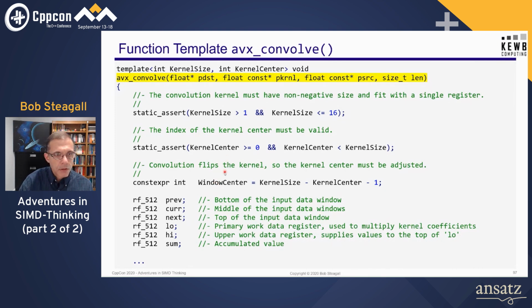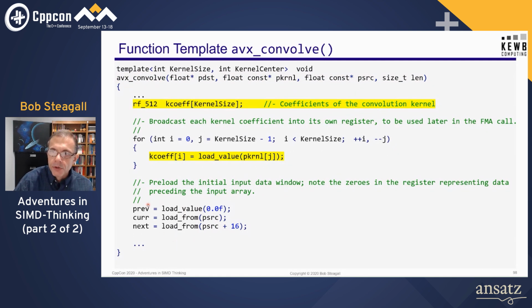Like before, with the median of 7, we have some work registers that use similar names to do similar things. We have registers prev, cur, and next, previous, current, and next, which represent the data input window of the data that we've read from memory. We have 2 work registers, low and high, where a lot of the dirty work gets done. And we have a register called sum, which is the accumulated value as you go through that sequence of fused multiply-adds.